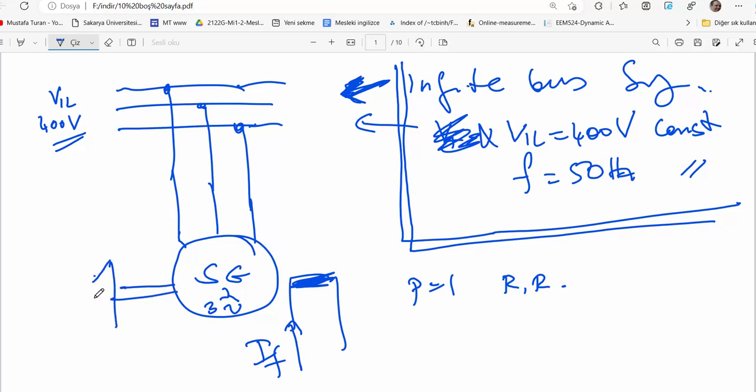Here possibly a prime mover. The prime mover supplies some mechanical input power in terms of torque and speed, and then that power will be converted and delivered to the grid.